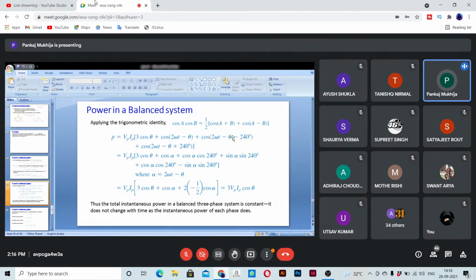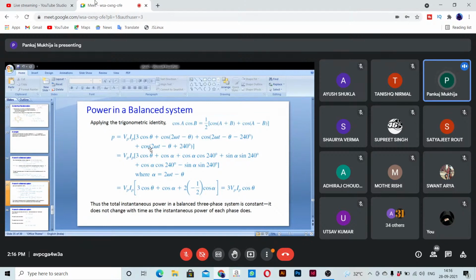Again further, cos a minus b, you know what the formula for cos a minus b is? It is cos a cos b plus sin a sin b. So this is what we have done, and again here we apply a plus b.